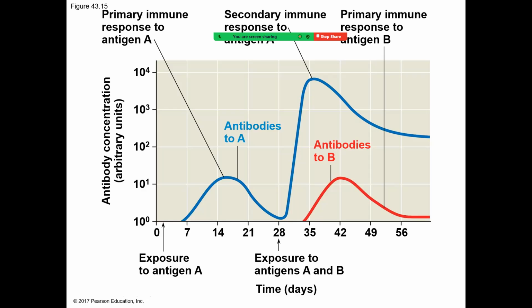Again, here for antigen B, we're still at a primary response. But if we were to have a secondary response, then we're going to have a much quicker response time here. So primary immune response takes a little while. You have a good response.